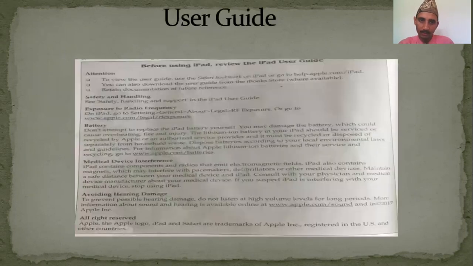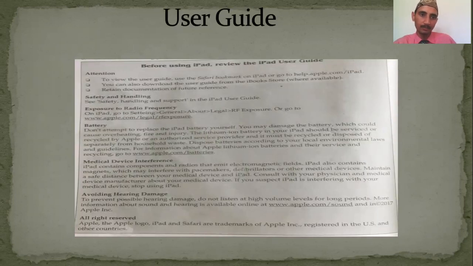Okay, let's see the example here. For example, in this user guide, we see the first sentence: Before using iPad, review the iPad user guide. So this is the first one, the topic, the user guide. And then next, all the titles are given here. Remember, titles can be many, representing each subject.